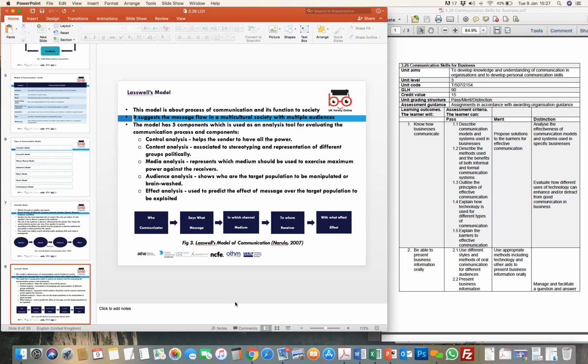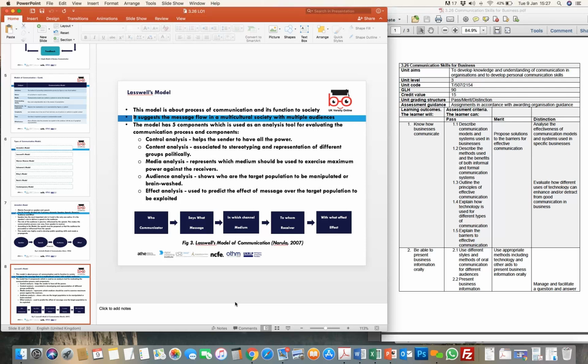This model of communication was created at that point in time because it actually provided privilege to people who were in dominant positions.